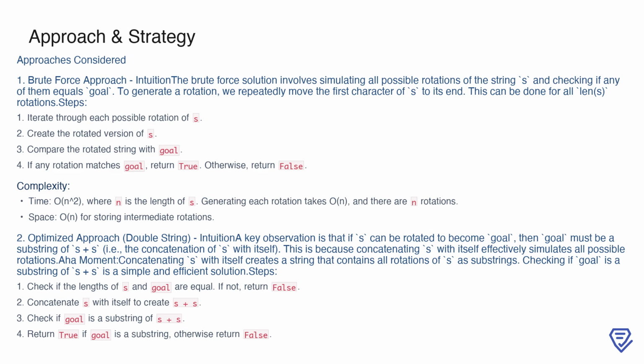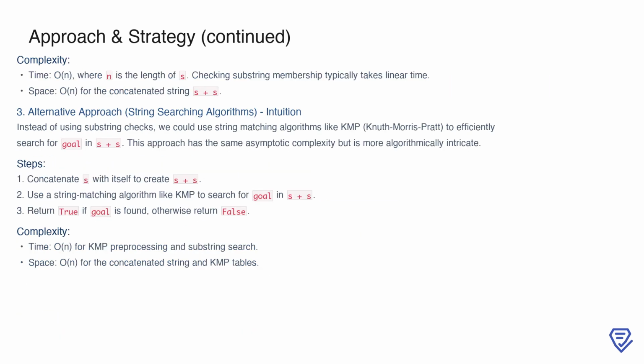allowing us to check for goal in a much simpler and faster way. This optimized approach, often referred to as the double string method, involves a few straightforward steps. First, we ensure that the lengths of s and goal are equal, as a mismatch in length would immediately rule out the possibility of one being a rotated version of the other. Next, we concatenate s with itself to create the string s plus s.